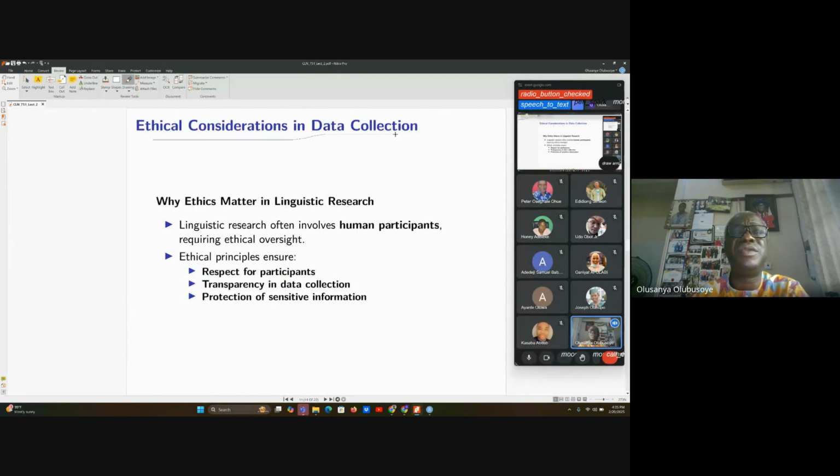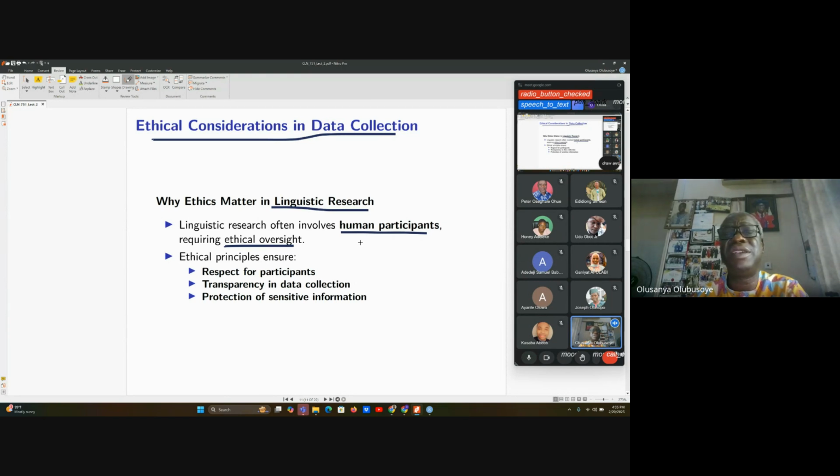There are ethical considerations when it comes to data collection, particularly for linguistic research. Linguistic research, remember, is human-centered. Humans have to participate, and there are ethical issues when it comes to humans.